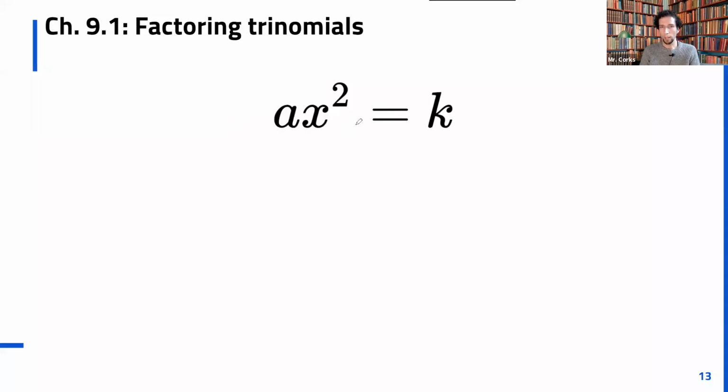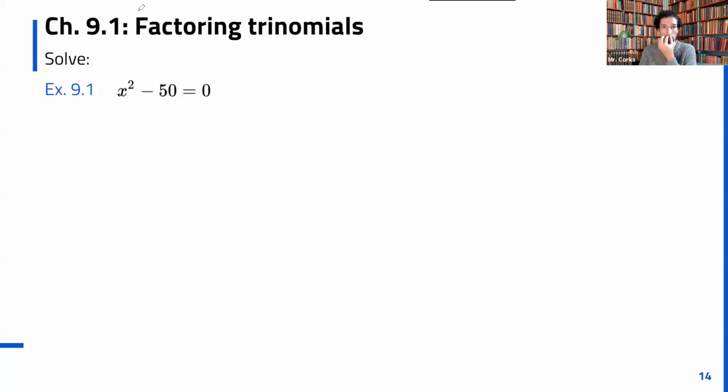So it might be the case that we have a quadratic, x squared, but we're just given that and we don't have a separate x term. We'll look at some specific cases and then see how we're able to use this information.